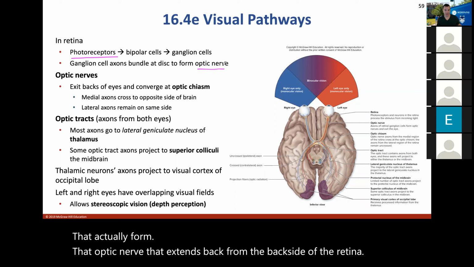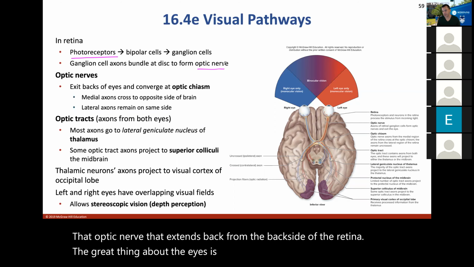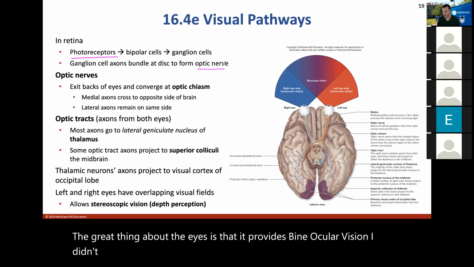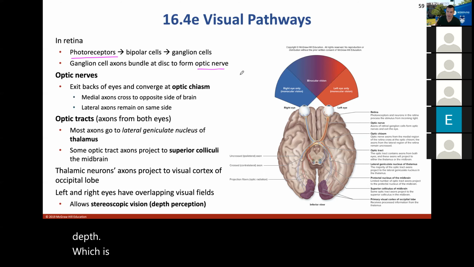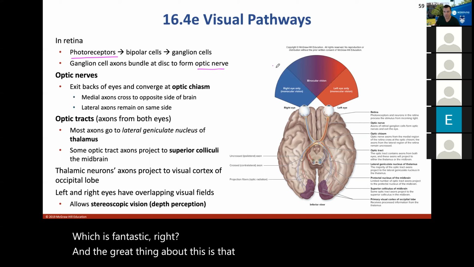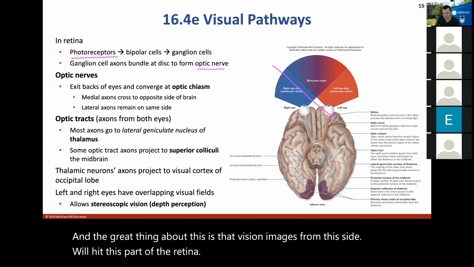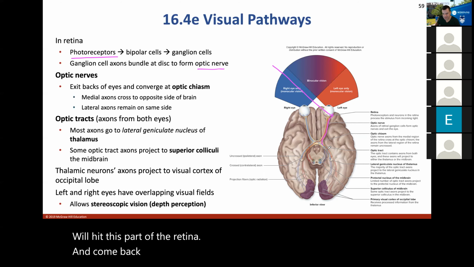The great thing about the eyes is that it provides binocular vision. I didn't really go into that at all, but it obviously does, which allows you to see depth, which is fantastic, right? And the great thing about this is that vision images from this side will hit this part of the retina and come back here and stay on this side, and then ultimately back here.